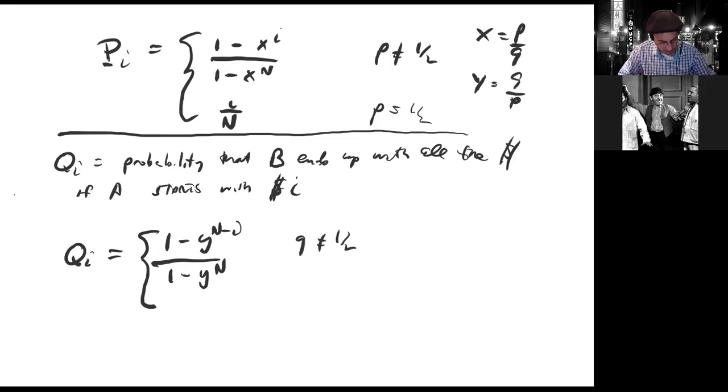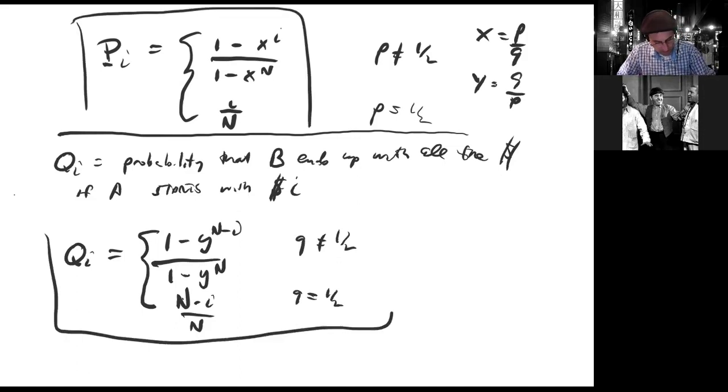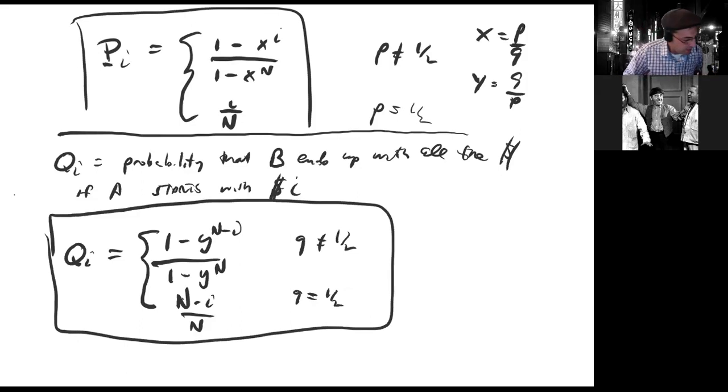And it's going to be given by (n minus I) over n if Q equals a half. Okay, so you can take these two expressions that I'm boxing off now. And the remarkable thing is it's simple algebra to check that these two expressions imply that Pi plus Qi equals 1.